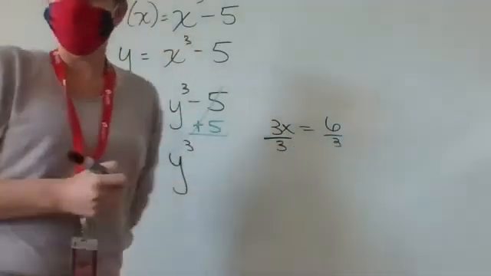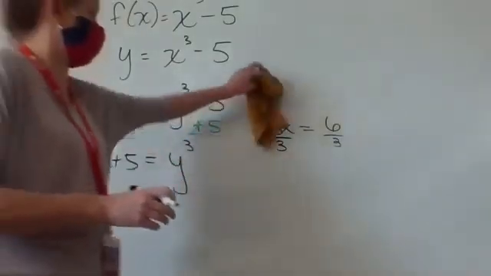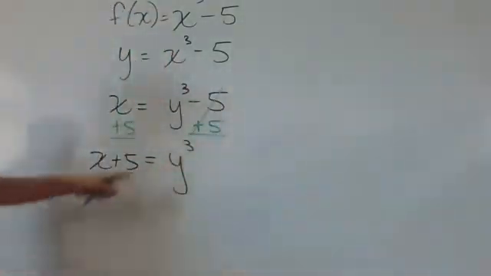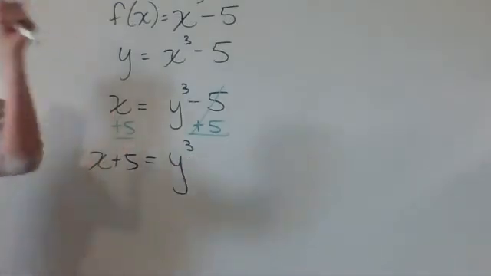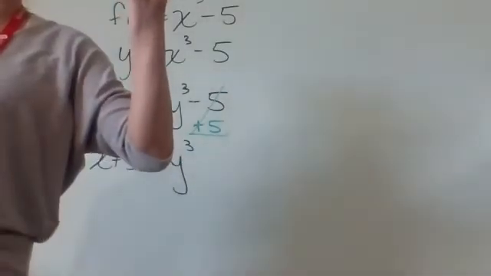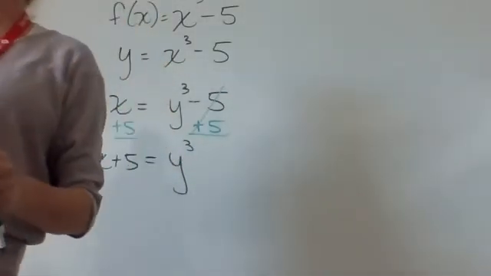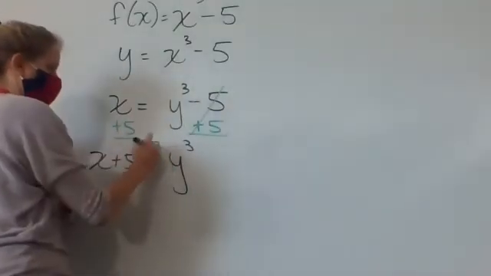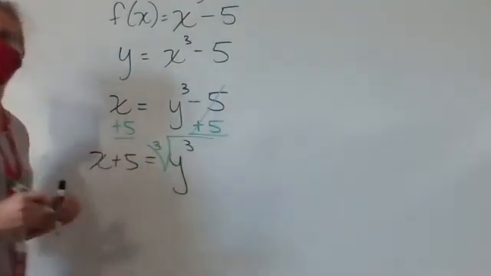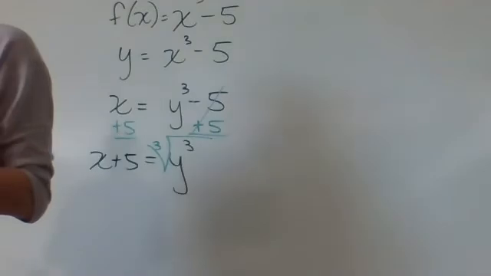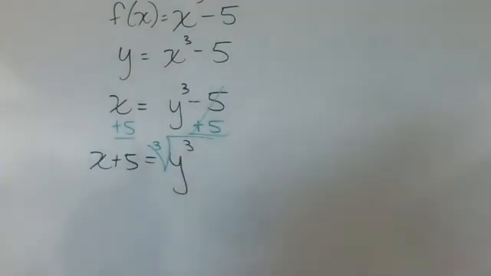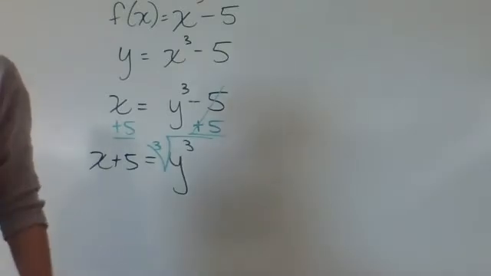Divide. So what I have to do is figure out what is the opposite of raising something to the third power. That's what's going to knock out that third power. The opposite of raising something to the third power is taking the cube root of it.